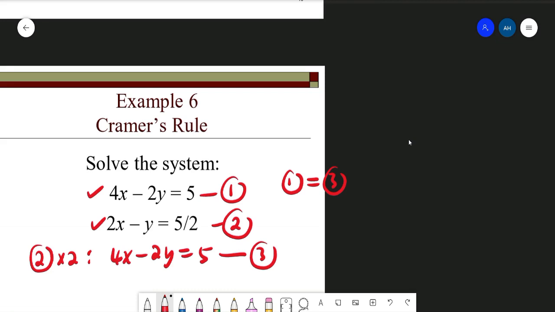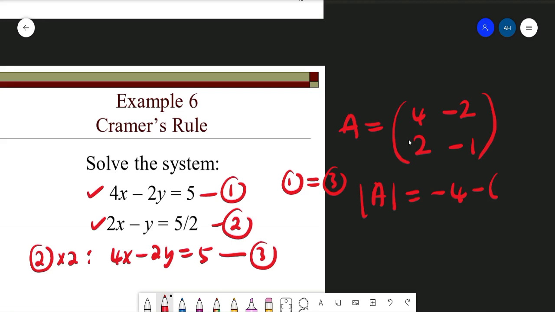Now let's find the value of the determinant of A. First find A, right? The matrix A is equal to, first column 4, 2, second column negative 2 and negative 1. See what happened. The determinant of A is equal to 4 times negative 1, which is negative 4, minus 2 times negative 2, which is negative 4.